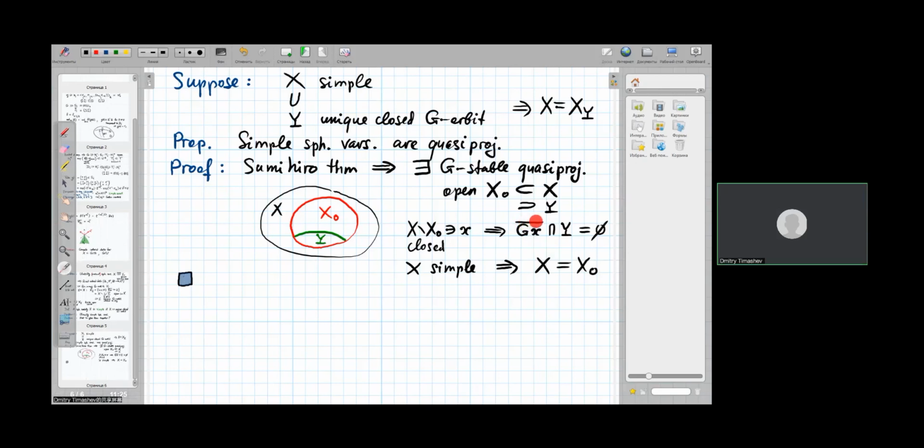It is automatically closed because all orbits in its closure should have smaller dimension. So we can always choose a closed orbit from a closed G-stable subset, right? Exactly. Any closed G-stable subset contains a closed orbit. For instance, any orbit of minimal dimension in this subset will be closed.